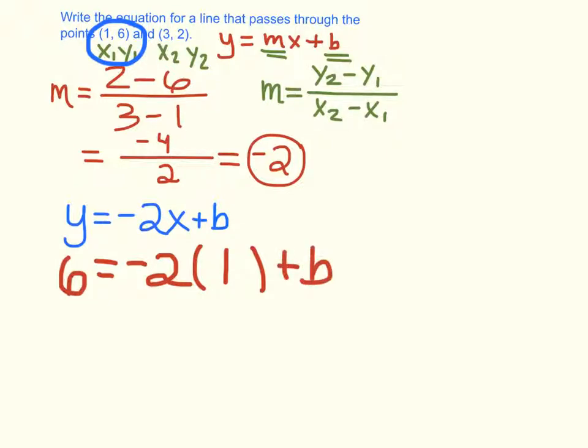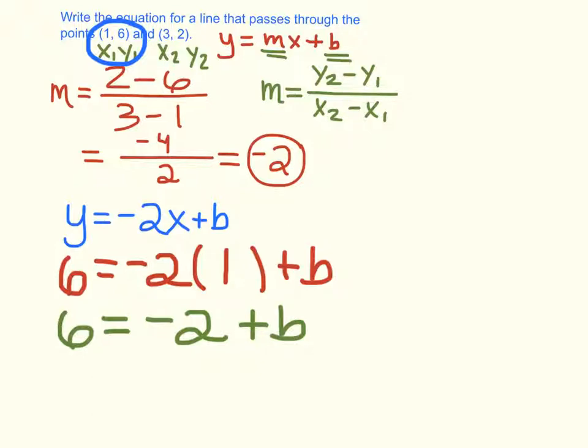So now this just becomes a simple equation to solve in order to find the value for b. Before I start solving this equation for b, I'm going to make it a little simpler by doing this multiplication. So I'm going to rewrite 6 equals negative 2 times 1 is just negative 2. And then I'll rewrite the plus b.